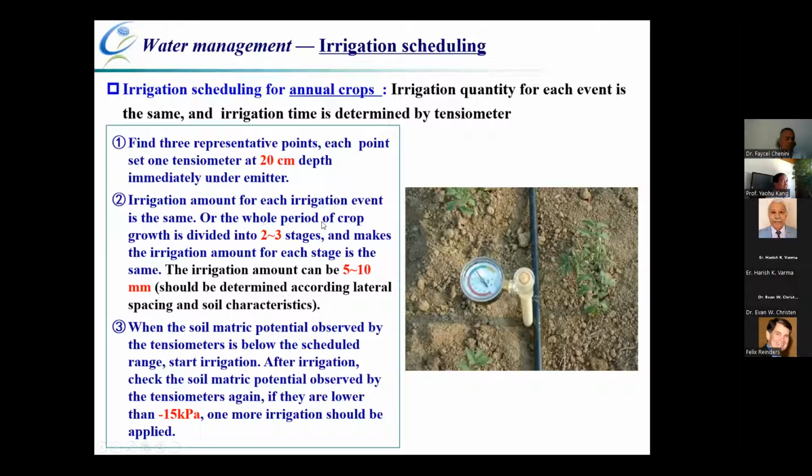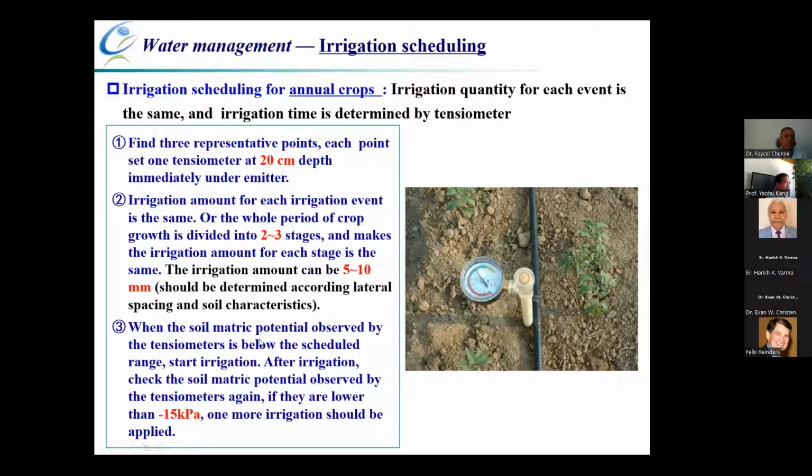Or we can divide the whole crop season into 2 to 3 stages and make the irrigation amount for each stage the same. The irrigation amount can usually be 5 to 10 millimeters. Of course, that should be determined according to the lateral spacing and the soil characteristics.